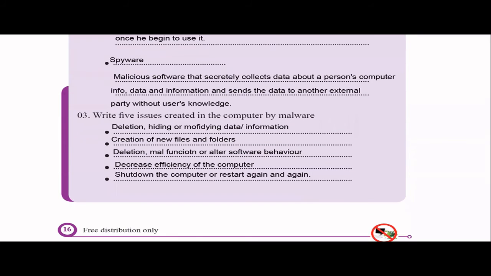A third question, write 5 issues created in the computer by malware. So if you have malware in your computer, you can see these things. Sometimes your data and information can be deleted, hidden, or modified without your intention. Right? Sometimes a lot of new files and folders are created with random numbers and so on. It's like consuming your memory or the capacity.